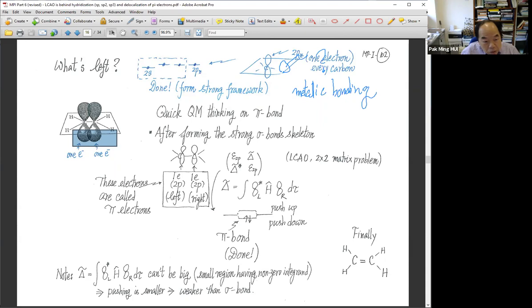Now, with only 2 carbon, there's no problem as such, because this PZ electron will live around here. There are no other carbons to migrate, to move around. But in benzene, the situation is much more interesting.